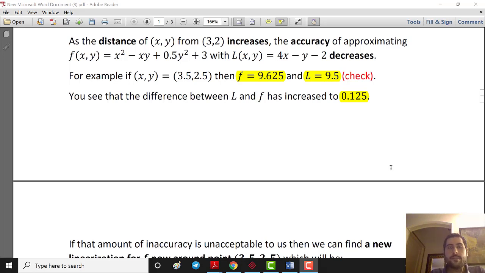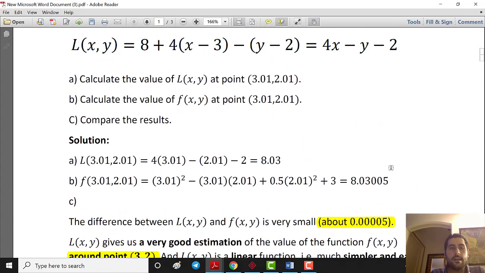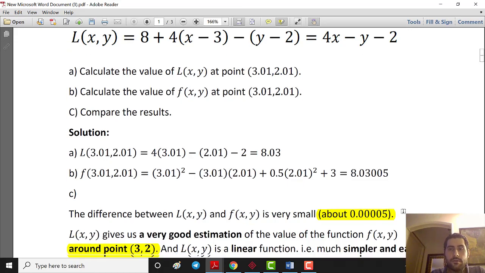So, in the previous case, for point 3.01, 2.01, you saw that the difference between F and L was 5 in 100,000, which is a very small value.